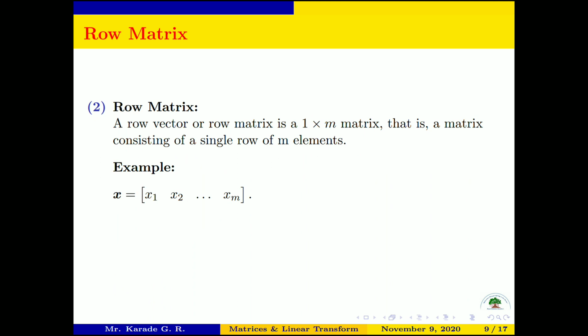Example, x is a matrix of order 1 by m, 1 row and m columns with entries x1, x2, dot dot dot, xm. Let's take one example. X equal to 1 2 3 4 is a row matrix of order 1 by 4, 1 row 4 columns. We can write many examples.